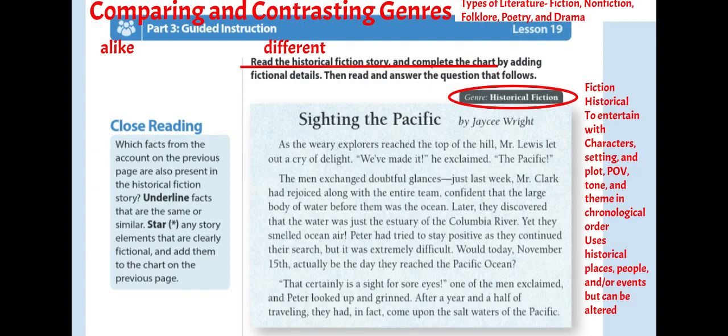When I say fiction also, I mean that my purpose for this is to entertain. And I'm going to entertain using characters, setting, plot, point of view, tone, and theme. And as I said before, all in chronological order.